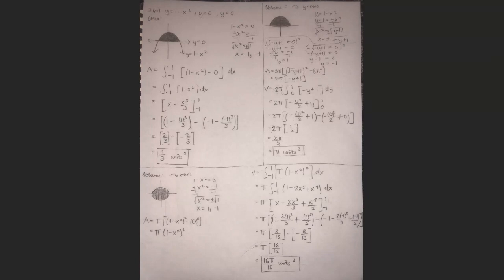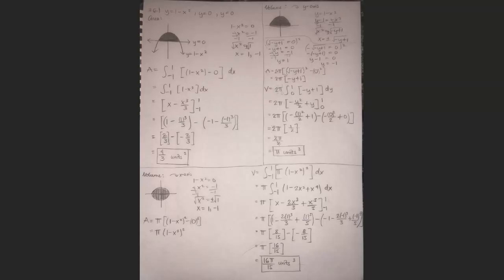Then I solved for y by setting the two equations equal to each other to find the lower limit and the upper limit. This time I just used the positive square root of -y plus 1 and multiplied that by 2, since the graph is just reflected and it will be easier.